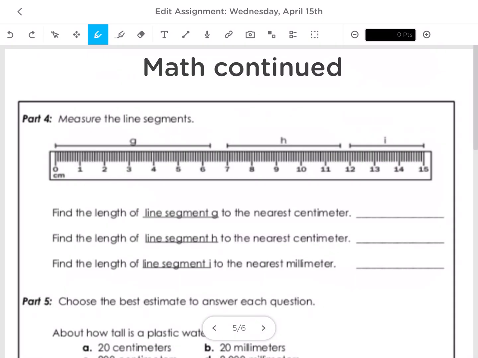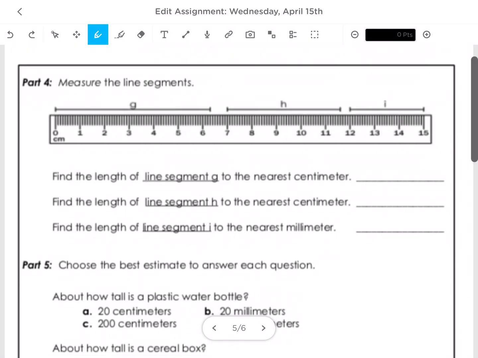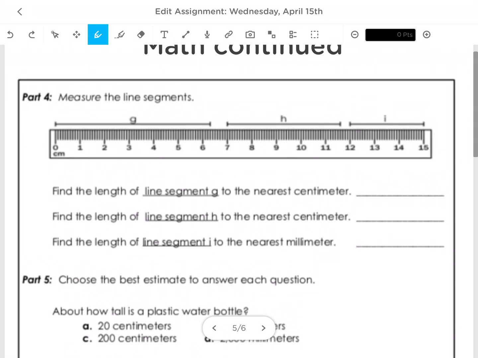Okay. Slide 5, you're going to continue. Here you're going to be measuring those line segments just like I was doing. You're going to get to the nearest or closest one possible, okay? You don't have to tell me that it is 2 centimeters and 3 millimeters. You can just give me the closest centimeter or the closest millimeter.